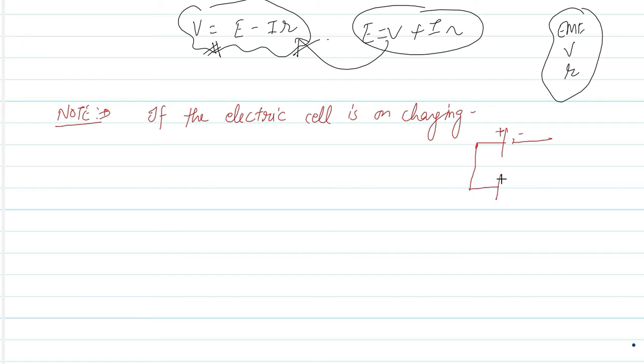But when we put one cell on charging, then what happens? The cell is connected to a source, and this source flows the current in just the opposite sense, like this, right?